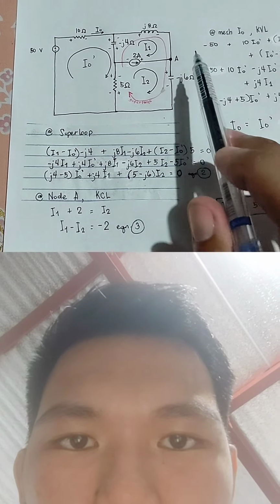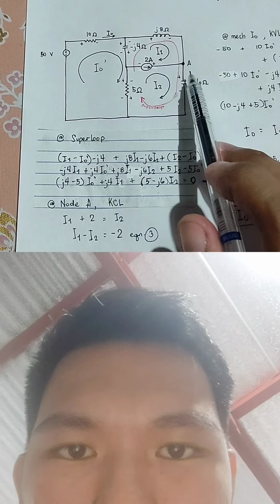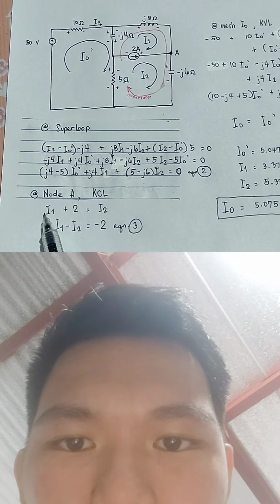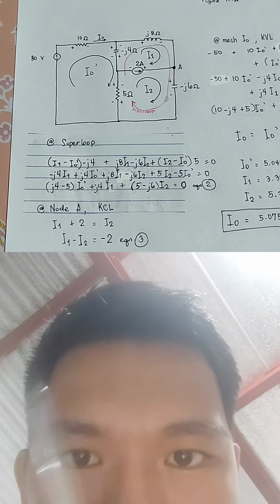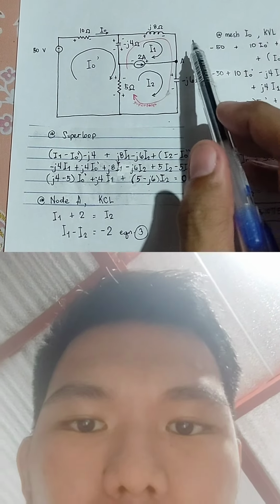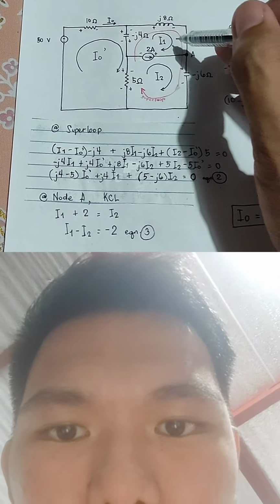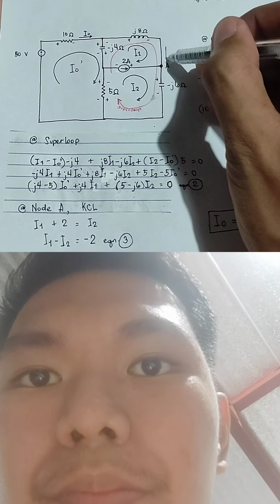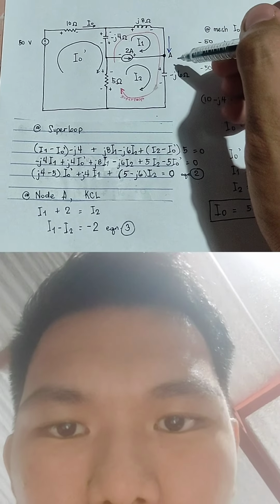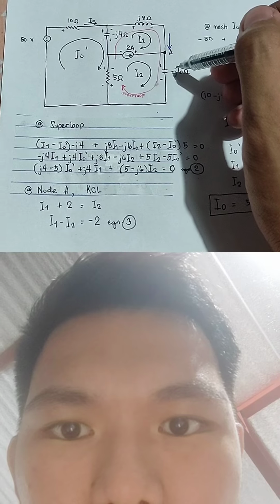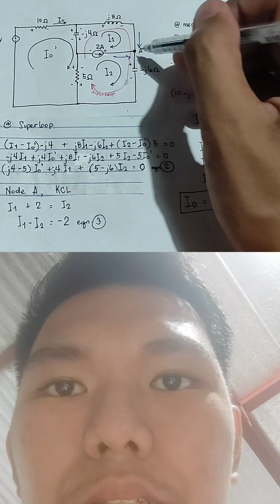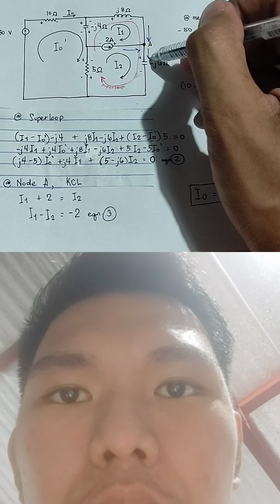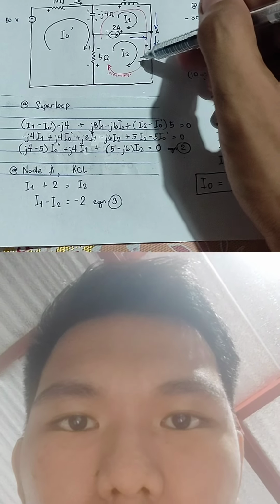For our node A here, using KCL, we will get I1 plus I2, because of the current flowing here, plus the 2 ampere flowing here is equal to the output flowing here, which is the I2.